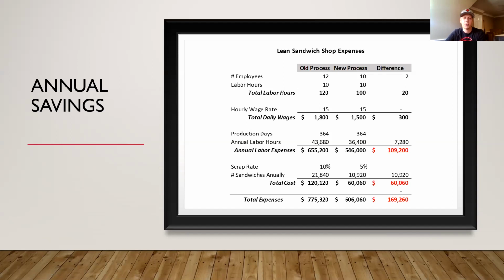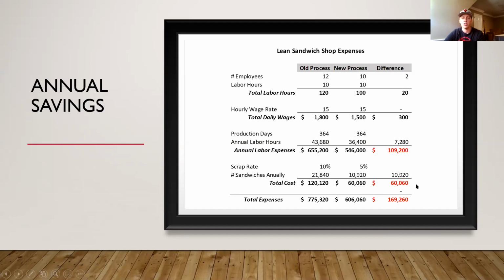Now, that's not even factoring in our scrap rate, which I'm very confident that by introducing this new solution, we can reduce our scrap rate from 10% to 5%, which again is a total of $60,000 in additional savings, right? Because before, we were spending $120,000 on wasted materials. Now we're only actually spending $60,000.